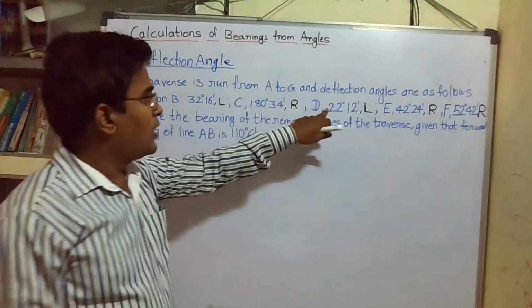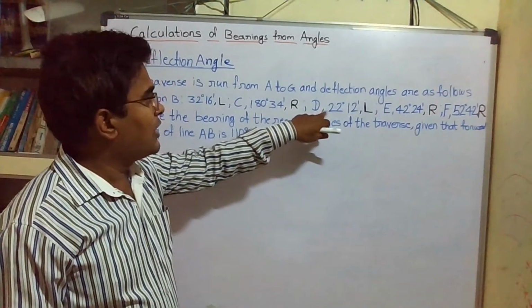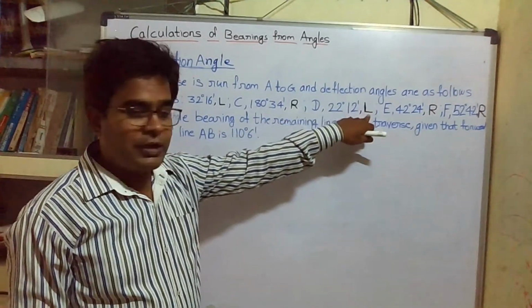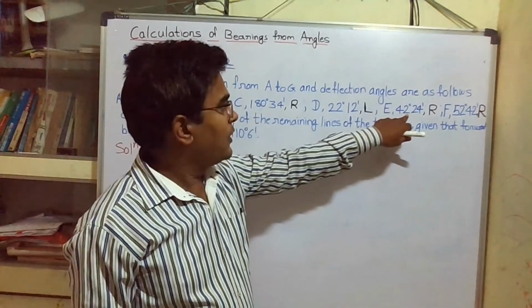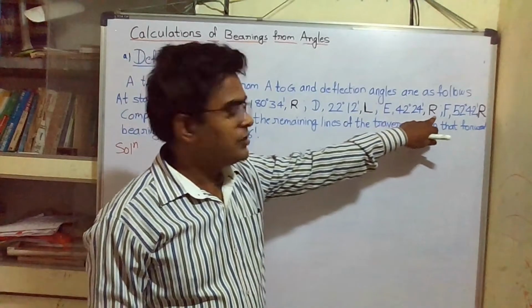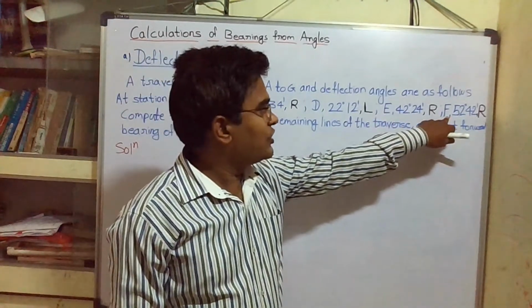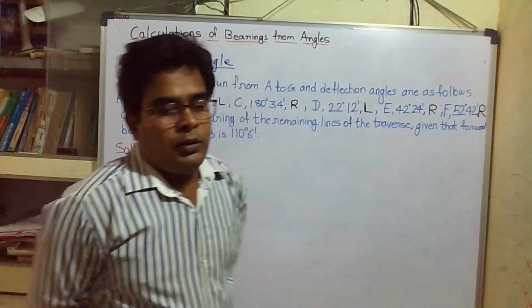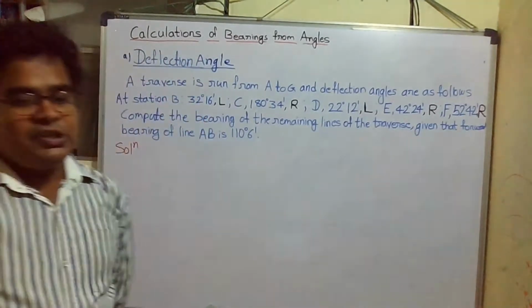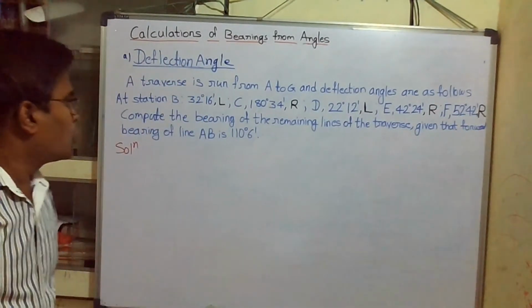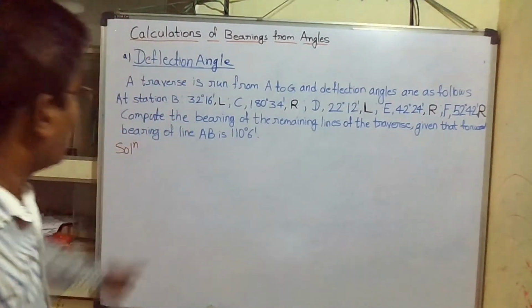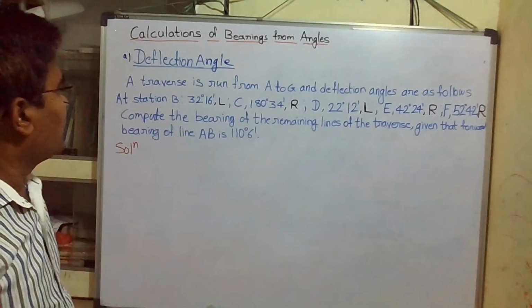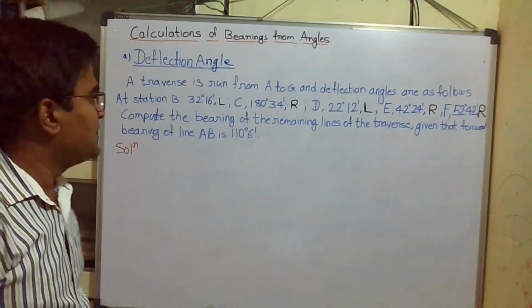At station D, the angle is 20 degrees 12 minutes and the deflection is left hand. At station E, the angle is 40 degrees 24 minutes and the deflection is right hand. At station F, the deflection angle is 50 degrees 42 minutes and the deflection is right hand. We have to compute the bearings of the remaining lines of the traverse, given the forward bearing of line AB, the initial line.